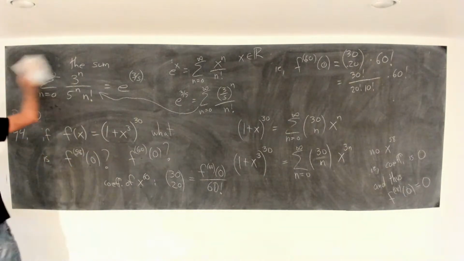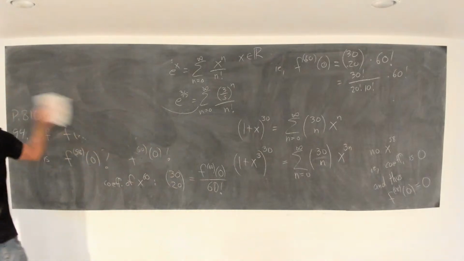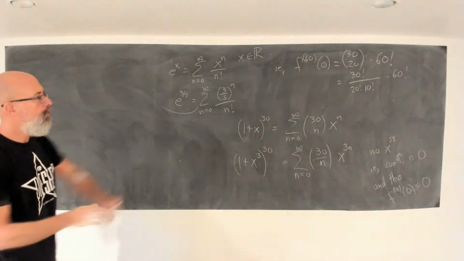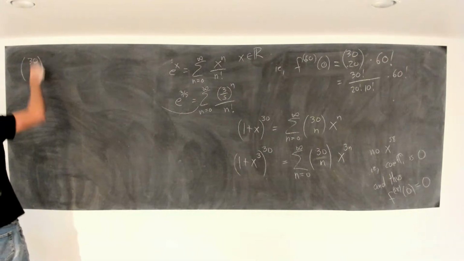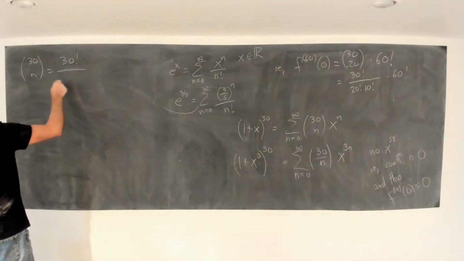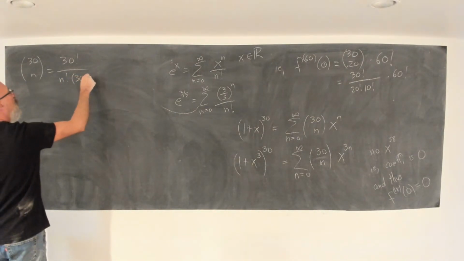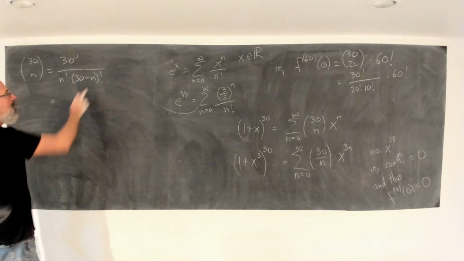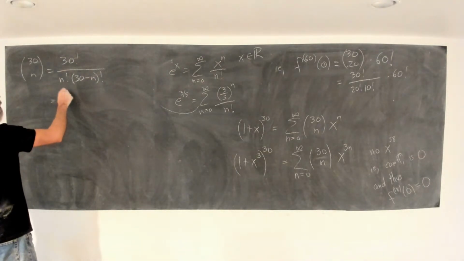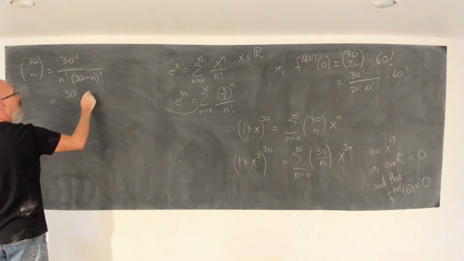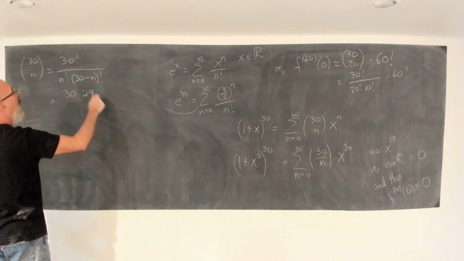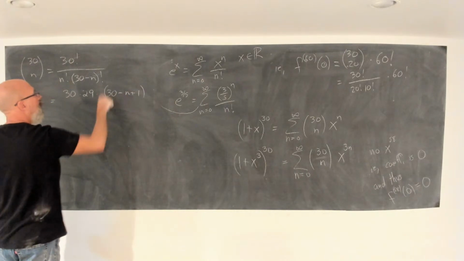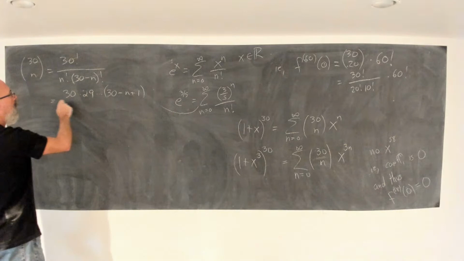Which is why, if n is bigger than 30, 30 choose n, which is really 30 factorial over n factorial times 30 minus n factorial, really becomes, you can cancel these for values less than 30, and this becomes 30 times 29 all the way to 30 minus n plus 1. And that's what that becomes.